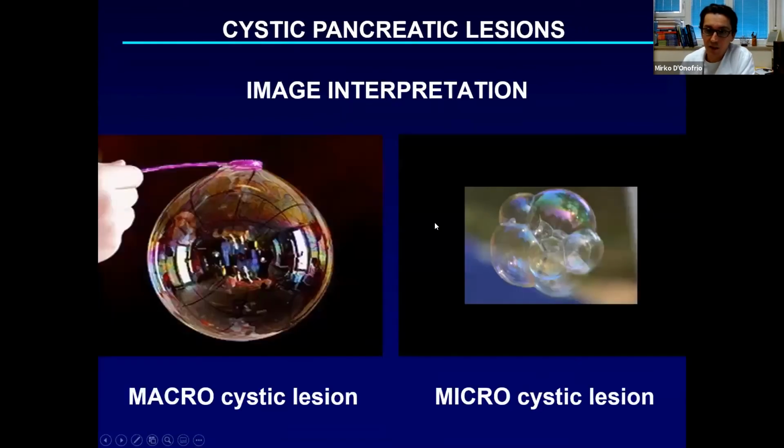So if not, the lesion will be at the end a cystic tumor of the pancreas. To approach the lesion it is better to divide the morphology, the profile. We have a microcystic and a lobulated cystic one.